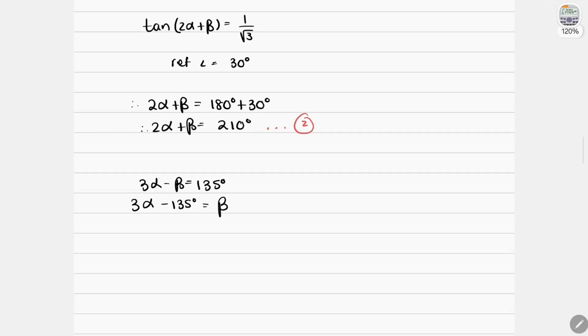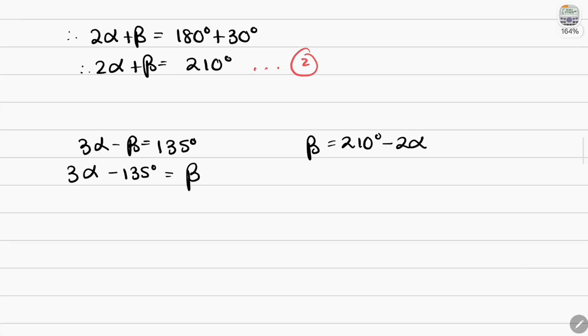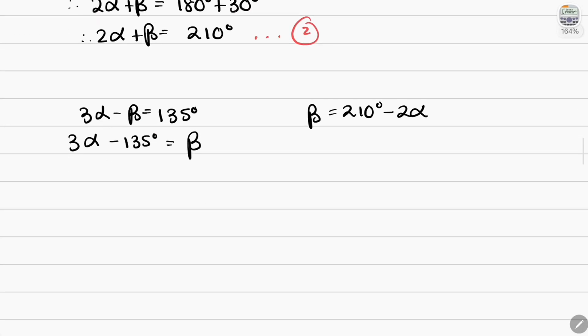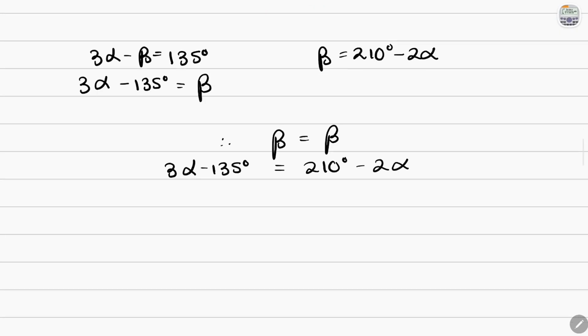And then for our second equation, I'll just make beta the subject there, leaving it on the left-hand side. Beta equals 210 degrees, and we transpose the 2 alpha, so minus 2 alpha. So we have beta and we have beta. Therefore, 3 alpha minus 135 degrees is equal to 210 degrees minus 2 alpha.